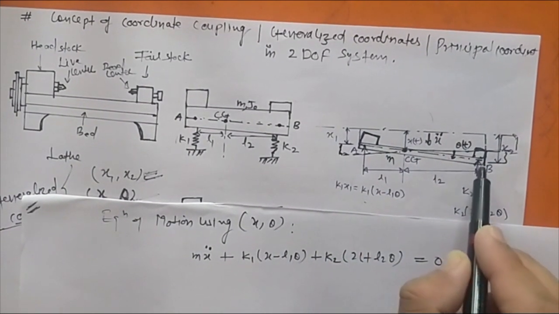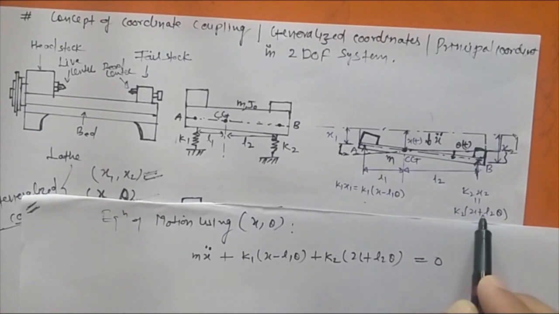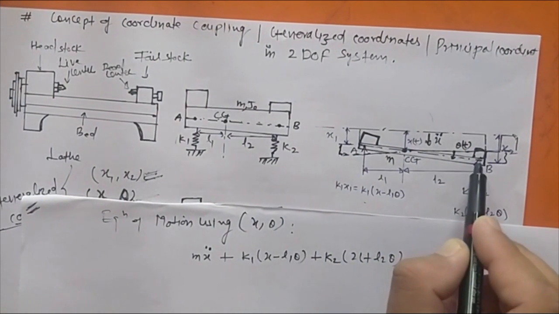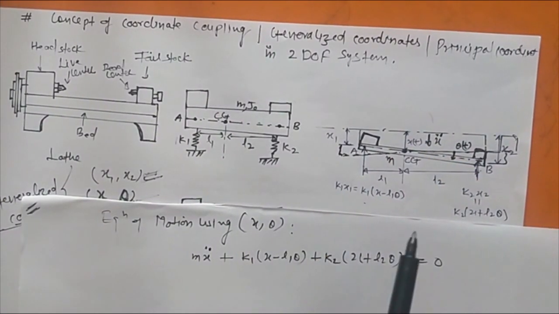And because of the force at point B, k2 (x plus L2 theta) multiplied by L2, this moment would act in the anti-clockwise direction.